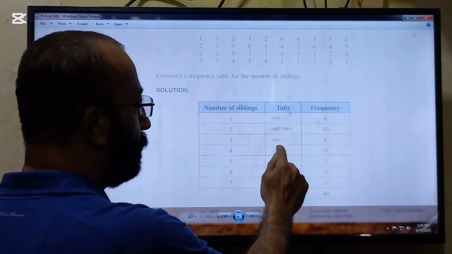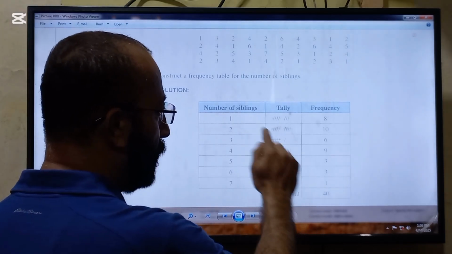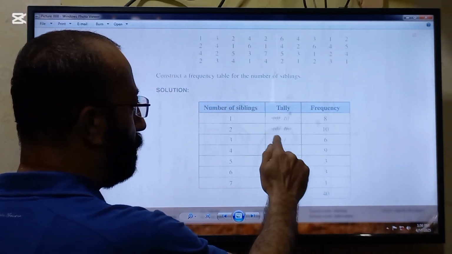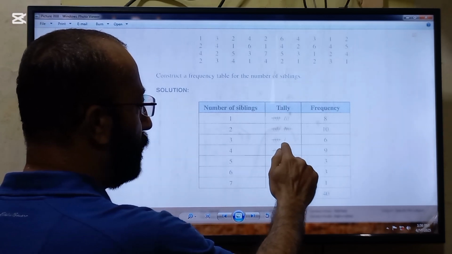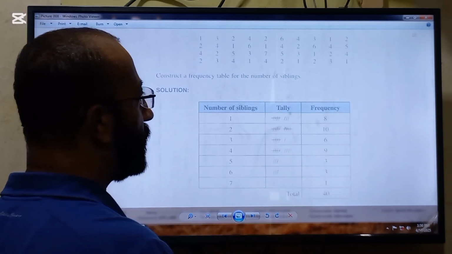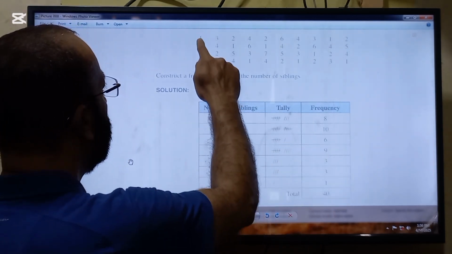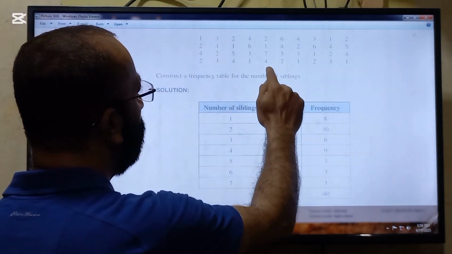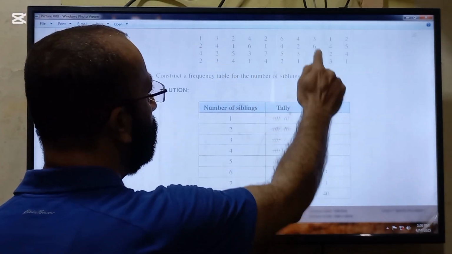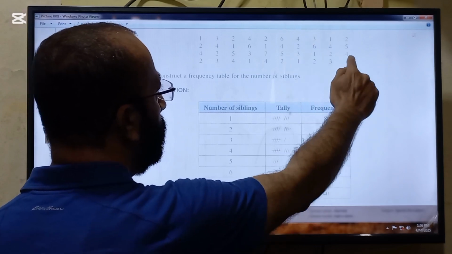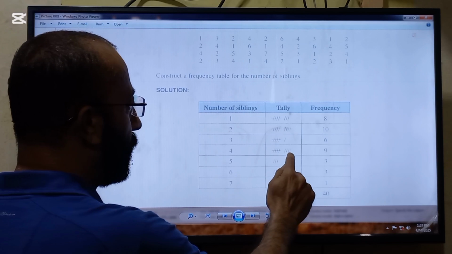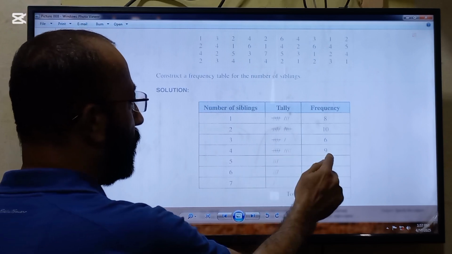So 1, 2, 3, 4 lines will be written, and the 6th line will cut the 4 lines. So that will make a bundle of 5, and the 6th line will be written as is, and 6 is the frequency. Like this 4: 1, 2, 3, 4, 5, 6, 7, 8, 9. So 4 is coming 9 times, so 1 bundle of 5 and 4 lines will be drawn, so 9 is the frequency.